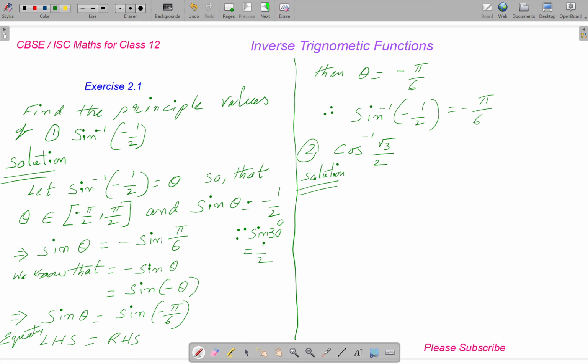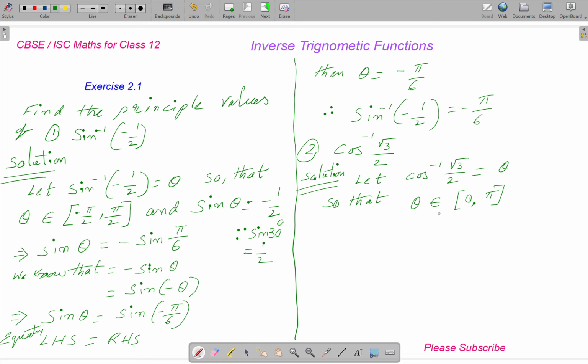Let cos inverse root 3 by 2 be equal to theta, so that theta is an element of 0 to pi, that is the cos inverse principal value.